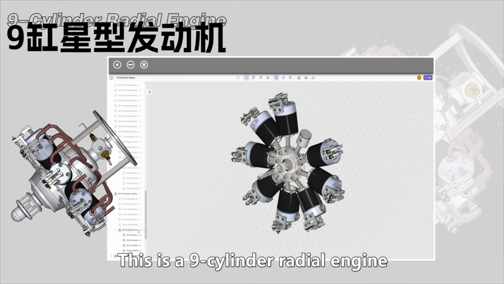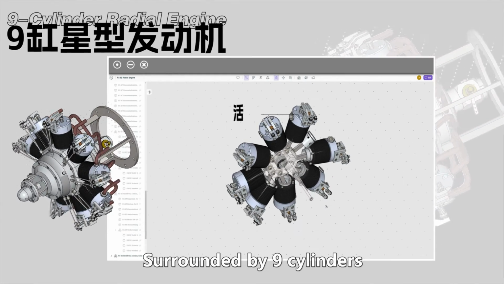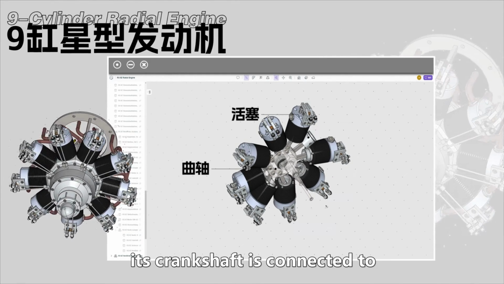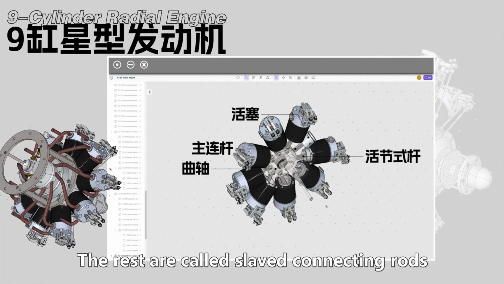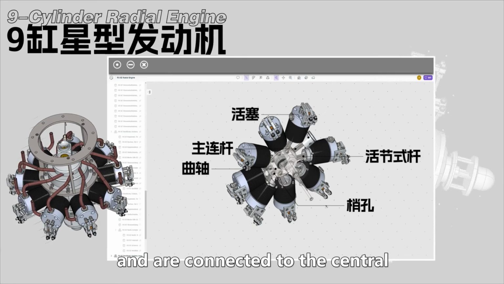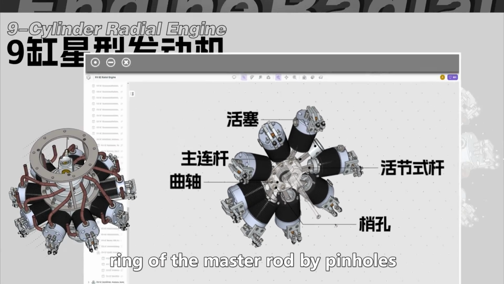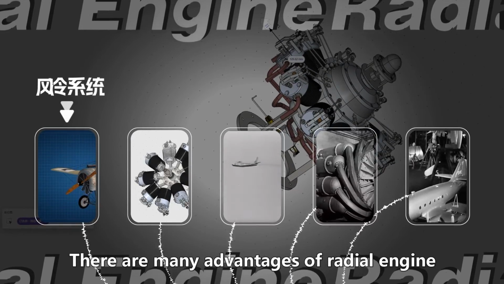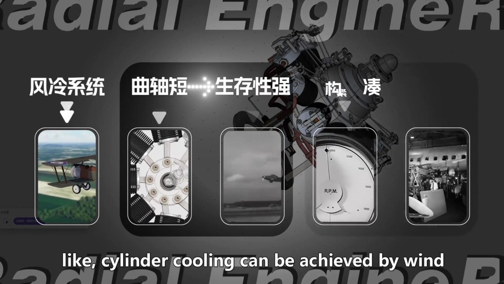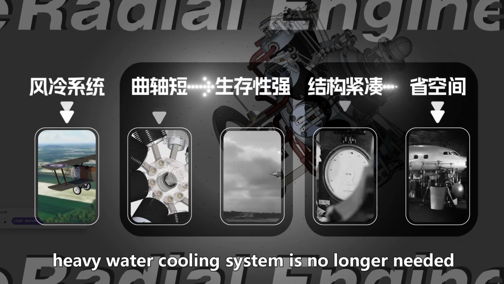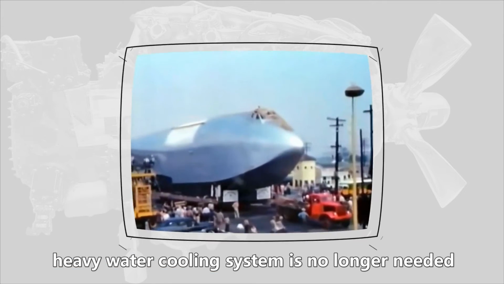This is a 9-cylinder radial engine, surrounded by 9 cylinders. Its crankshaft is connected to pistons by a master rod on top. The rest are called sleeved connecting rods and are connected to the central ring and the master rod by pinholes. There are many advantages of radial engine, like cylinder cooling can be achieved by wind. Heavy water cooling system is no longer needed.